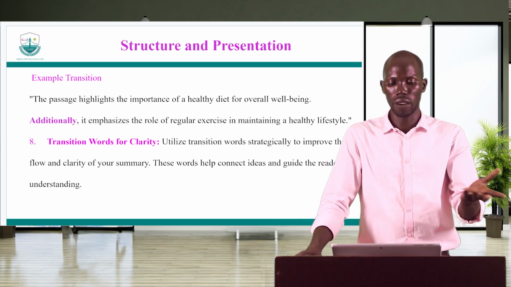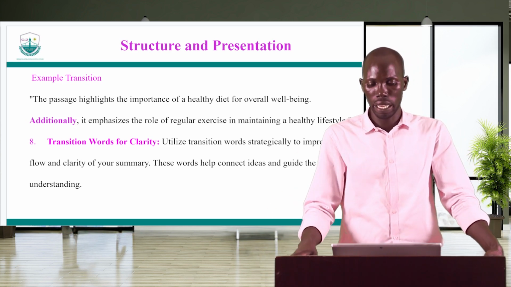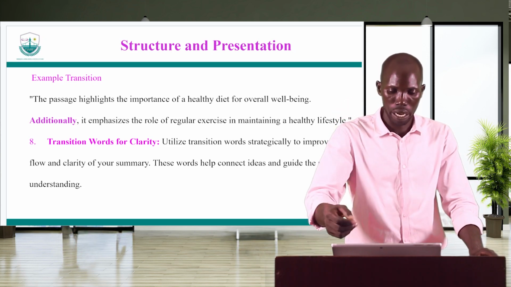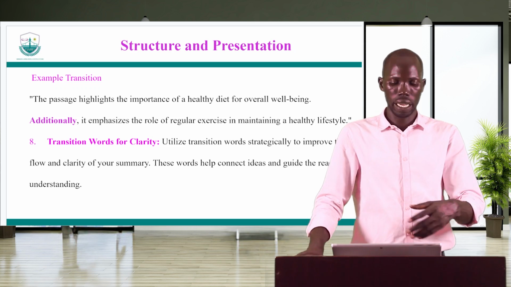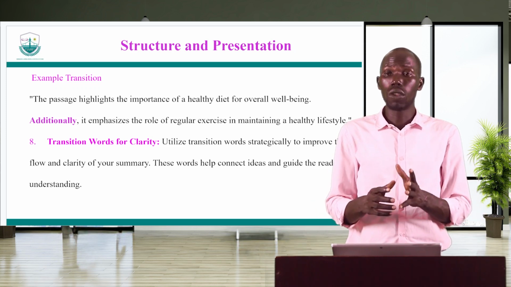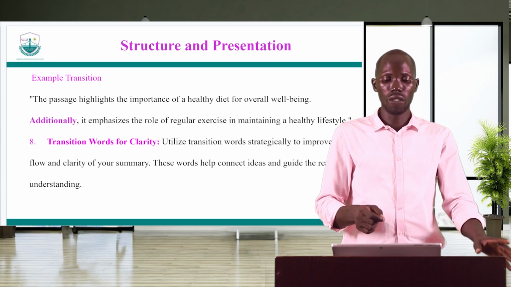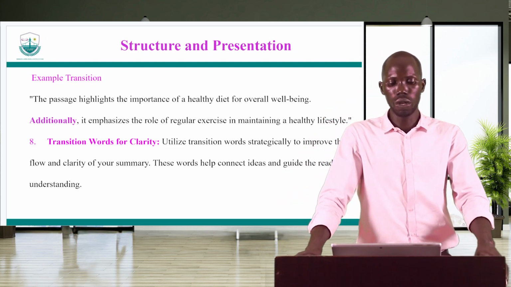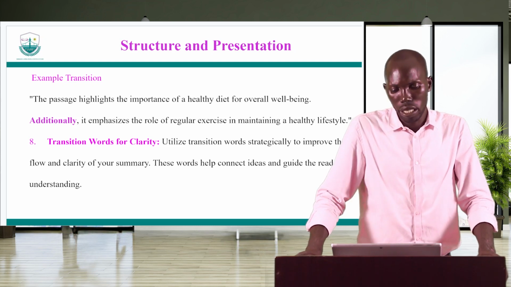It emphasizes the role of regular exercise in maintaining a healthy lifestyle, which means these are two points. In addition to one, another one has been added. That makes the reader know that you have not only given a single point, you have given, in addition to the single point, another one. And then you should also focus on transition words for clarity.